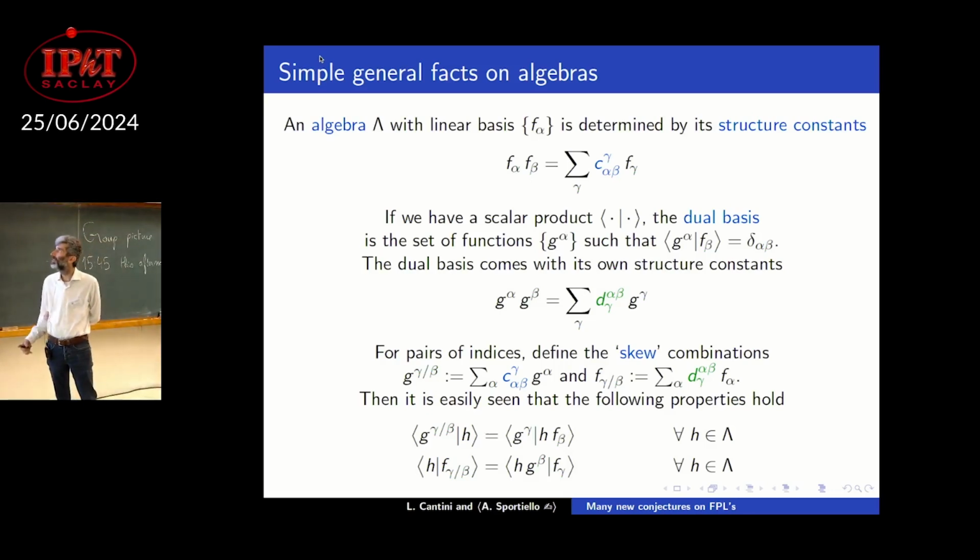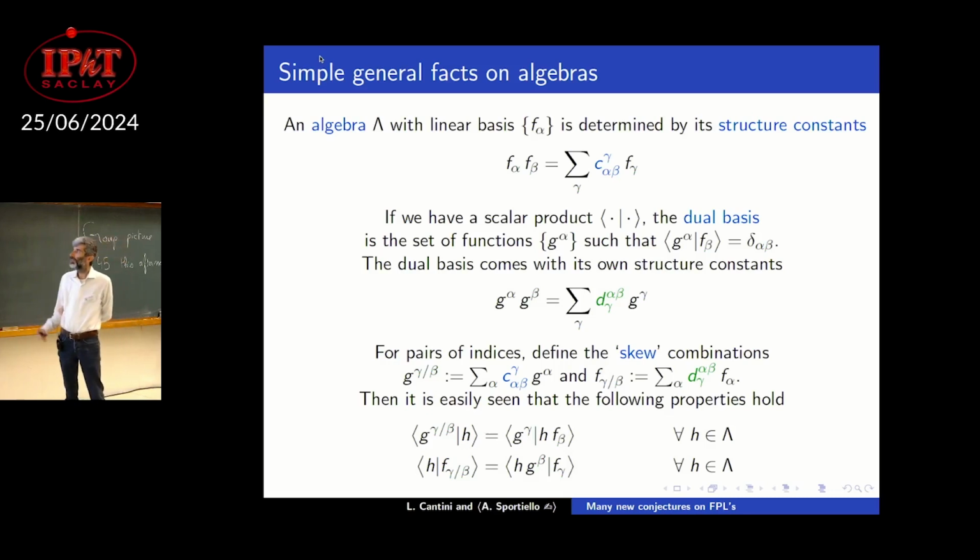Now say that you have a scalar product over those indices, alpha and beta. And so the dual basis of f will be some basis g such that abstractly g scalar product f is delta. So the dual basis will have its own structure constants.